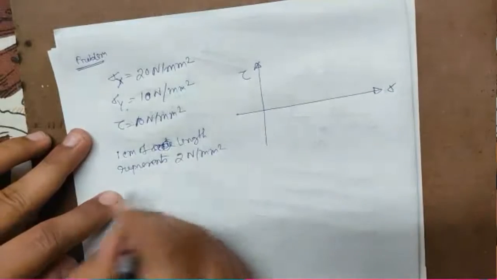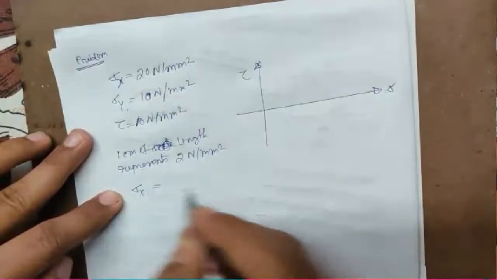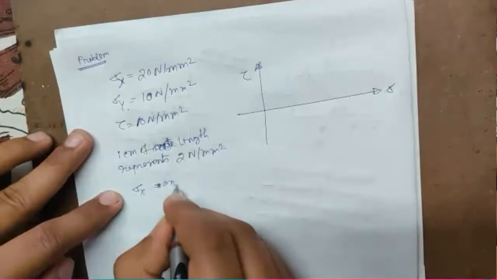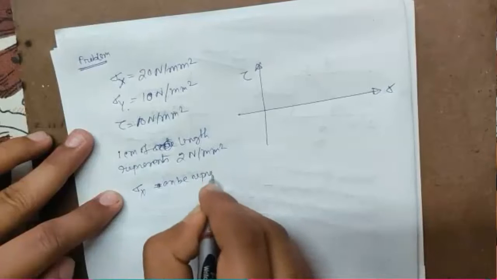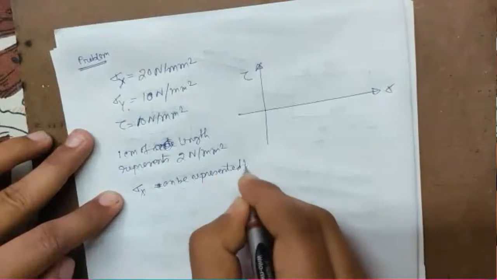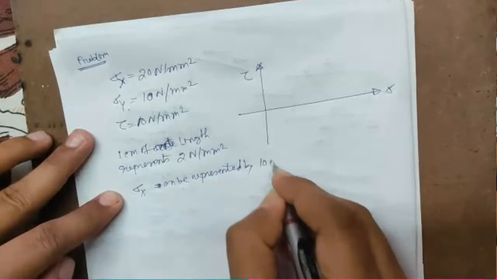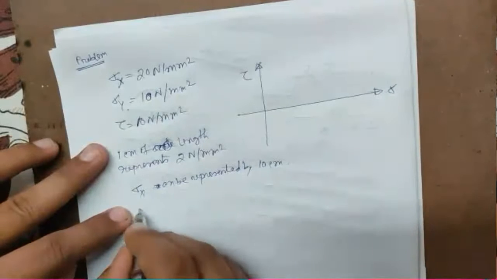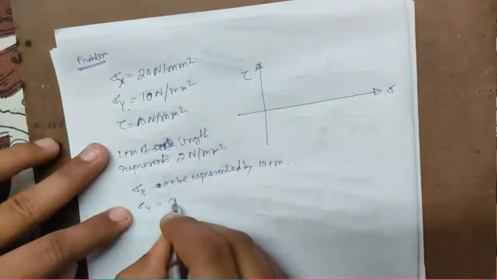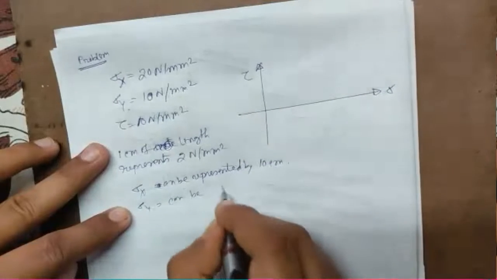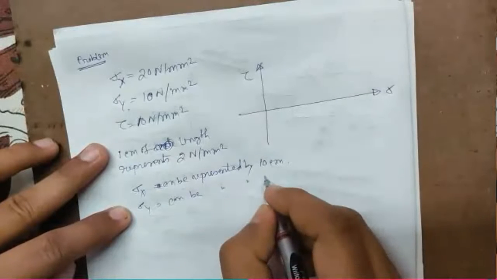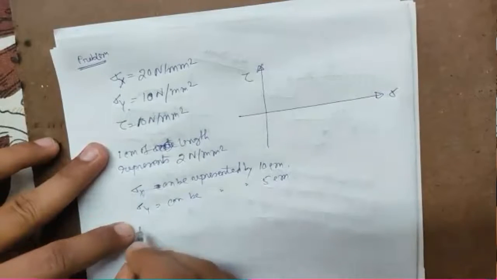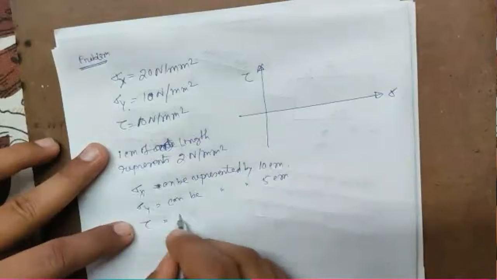Okay, so that means sigma x can be represented by 10 cm, sigma y can be represented by 5 cm, tau can be represented by 5 cm.